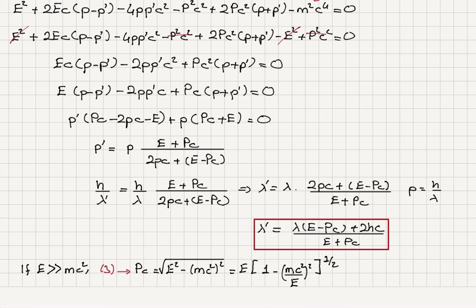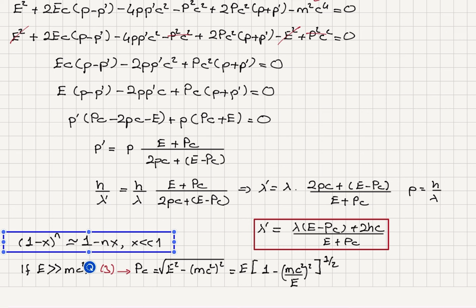Now, we have the following simplification. Capital E is much greater than mc squared, and I recall that (1 minus x) to the power n is approximately equal to 1 minus nx when x is much less than 1. I recall this result from the Taylor series expansion, so I'm going to apply that here because capital E is much greater than mc squared.